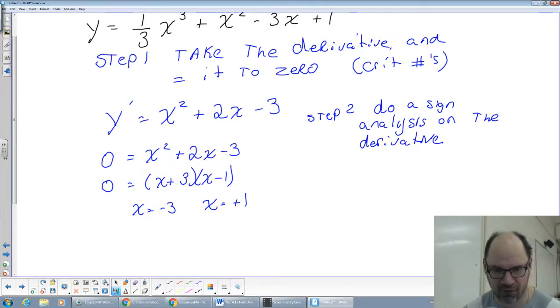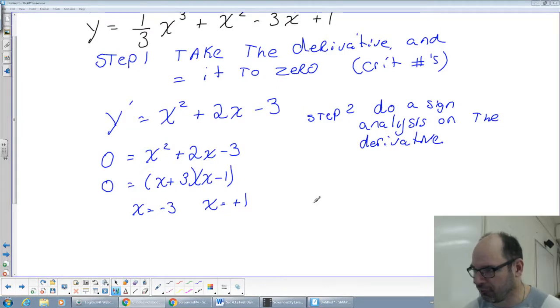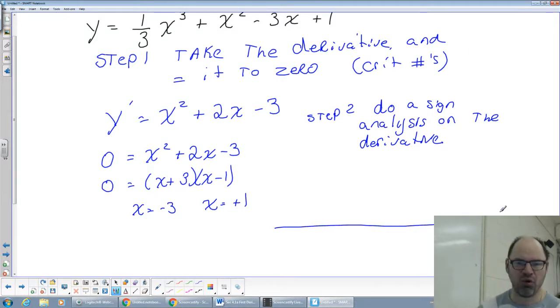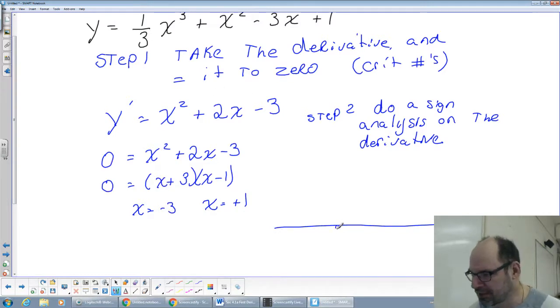Well, it's just like we did back in Pre-Cal 30. We take the derivative and do a sign analysis on it. So here's our line, and we have two critical points, placed on the line at x equal negative 3 and x equal 1. Okay, so those are our crits.